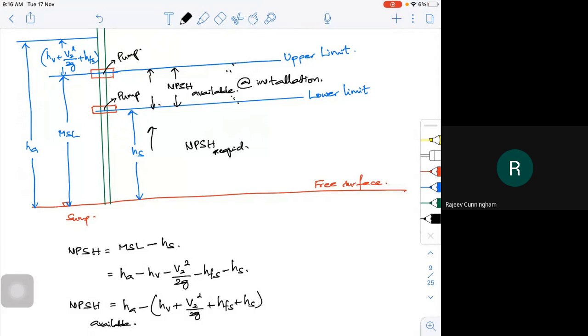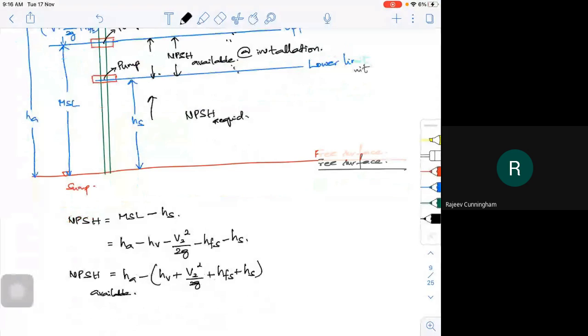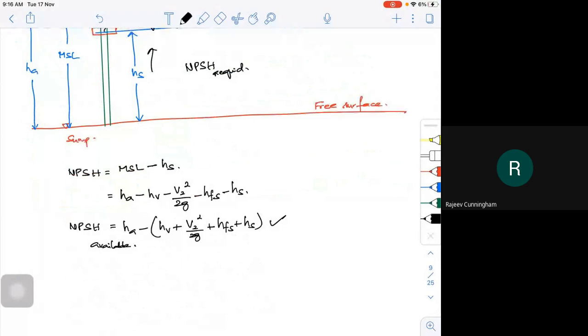If I maintain that number, your pump will start delivering the fluid. So at any given point, I should ensure that this NPSH is maintained. Okay, maximum suction lift and net positive suction head are very, very important when you are dealing with a centrifugal pump. You got it?